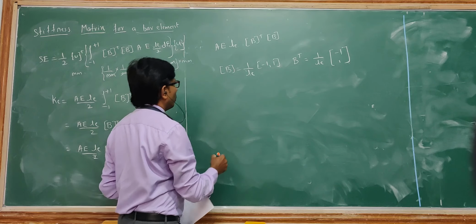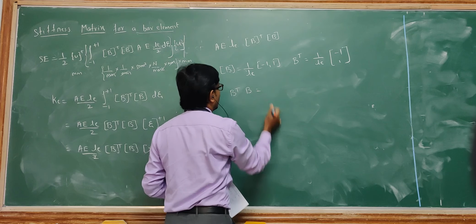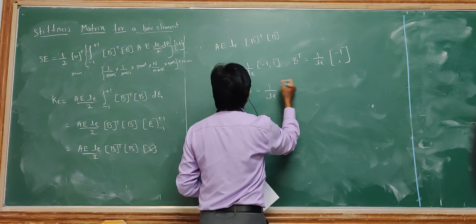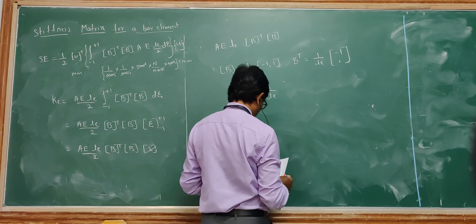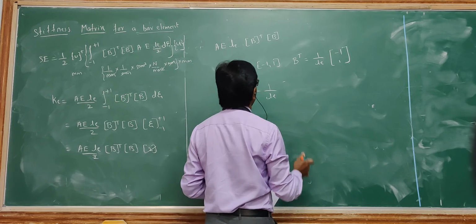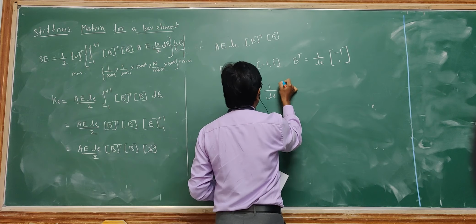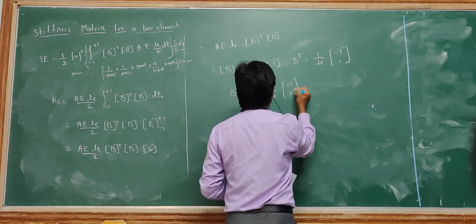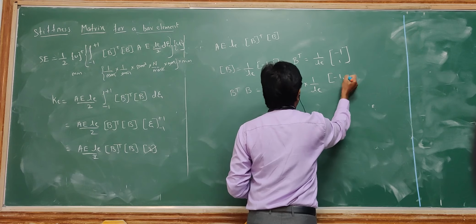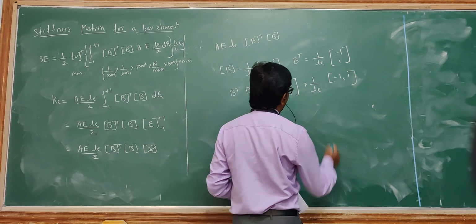So B transpose into B is 1 by LE [-1 1] transposed, into 1 by LE [-1 1].